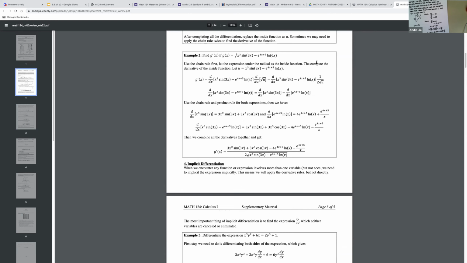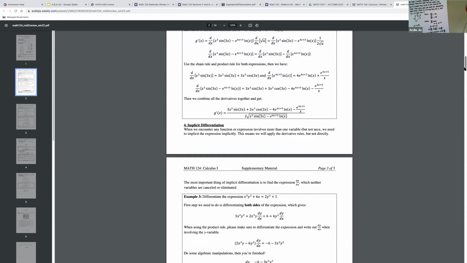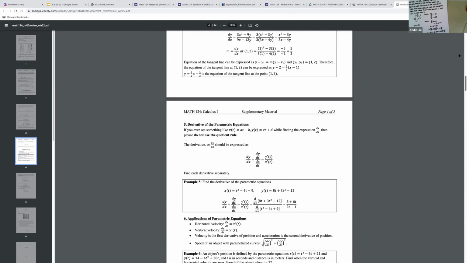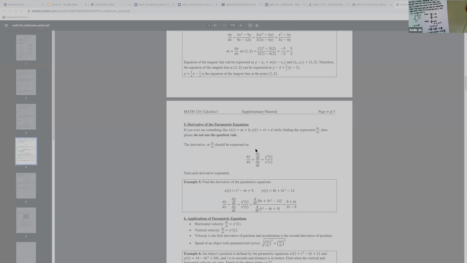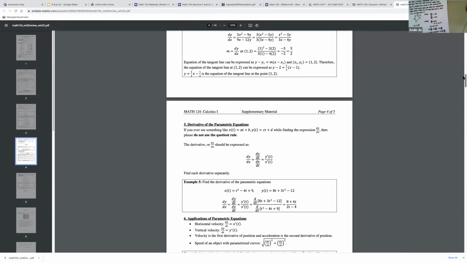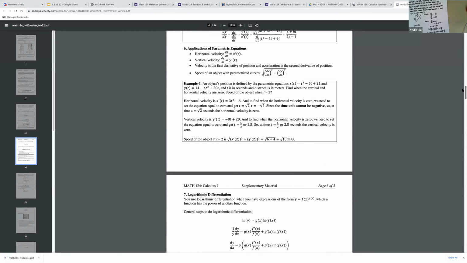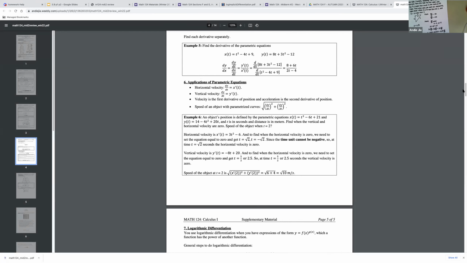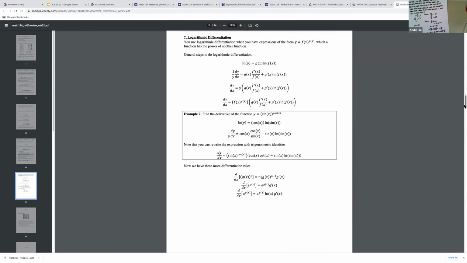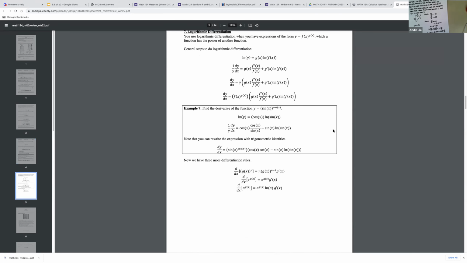For any cases like the chain rule, the parametric derivatives, and logarithm differentiation. And this question is exactly what I went over during the most recent video. So it is basically the same process.